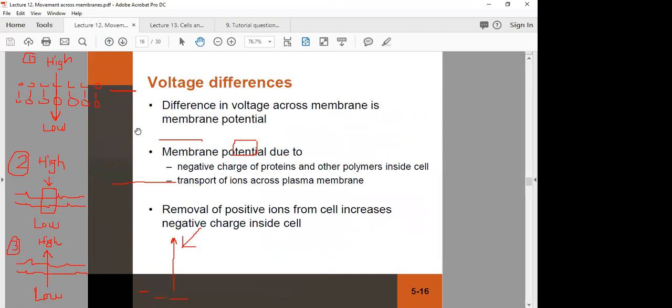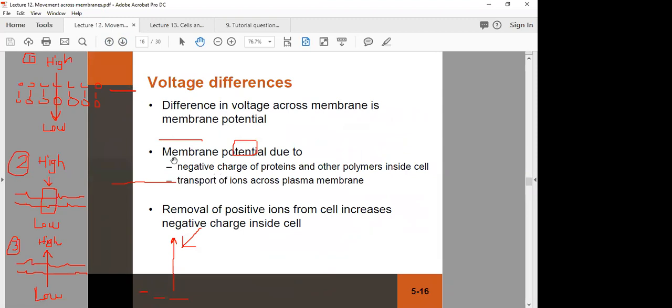All right, so as we said earlier, there is a voltage difference across a membrane. So on one side of the membrane compared to the other side. And this difference in voltage is referred to as the membrane potential. So what sets up that membrane potential in the first place?